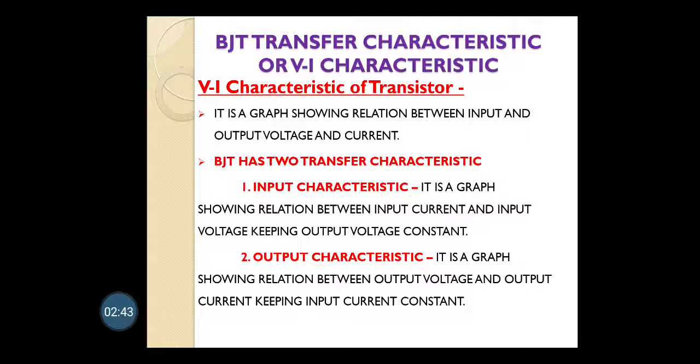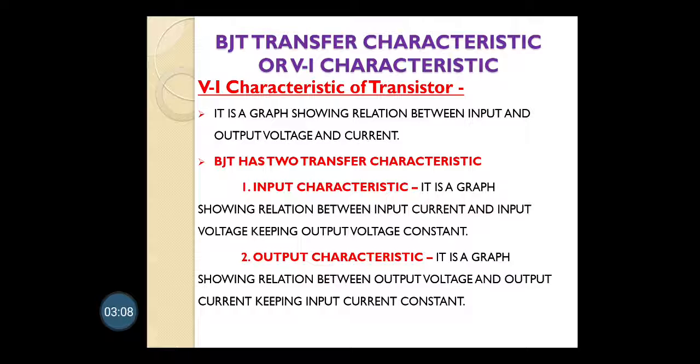So it is a graph of input voltage and current, hence the name VI. On the x axis you will always have voltage, and on the y axis you will always have current. When you do this, the output voltage should be constant for the input characteristic.